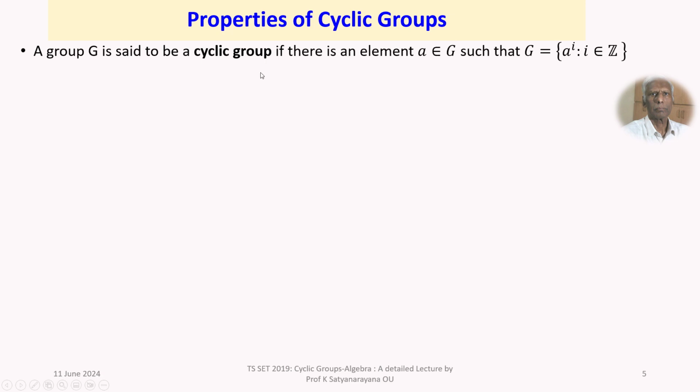So first we talk about the properties of cyclic groups. Our first concern is, what is a cyclic group? A group G is a cyclic group if there is an element a belongs to G such that every element of G is of the form a^i, where i belongs to Z. That is, G is equal to the set of all a^i, i belongs to the set of integers.